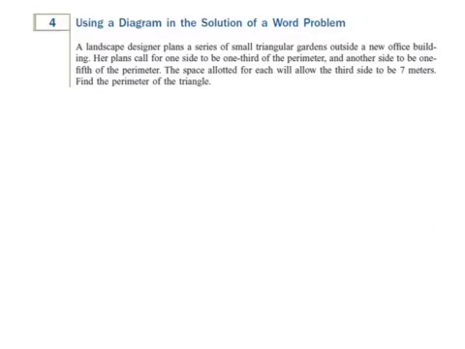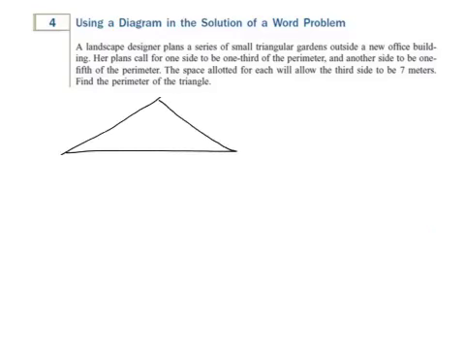A landscape designer plans a series of small triangular gardens outside a new office building. Her plans call for one side to be 1/3 of the perimeter and another side to be 1/5 of the perimeter. The space allotted for each will allow the third side to be 7 meters. Find the perimeter of the triangle. So we need a triangle.